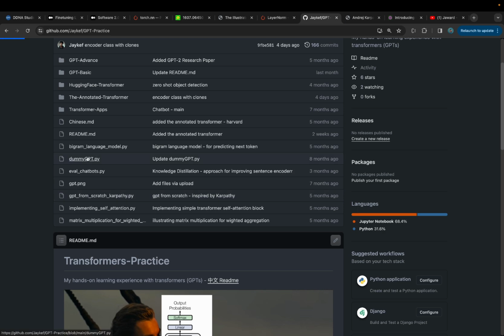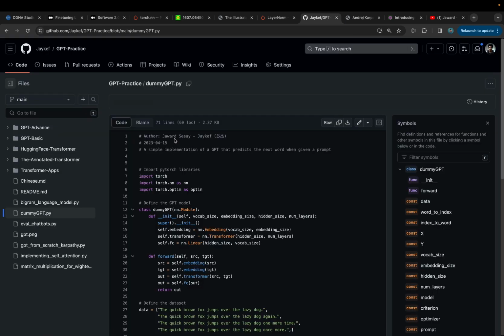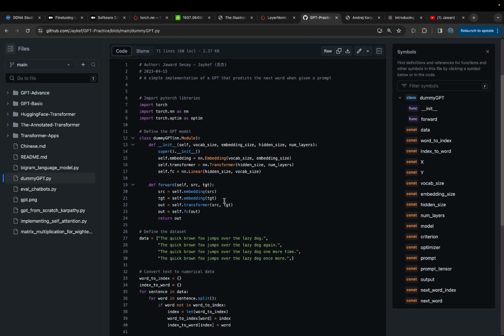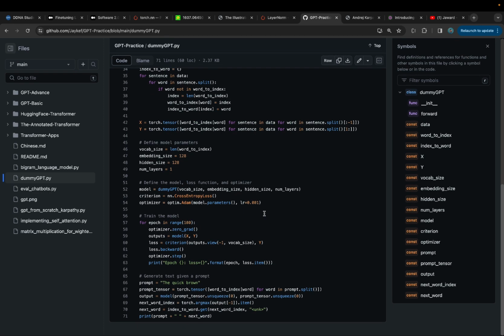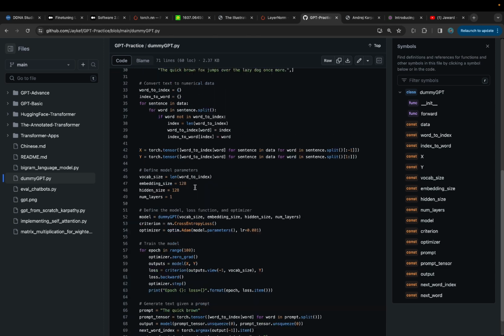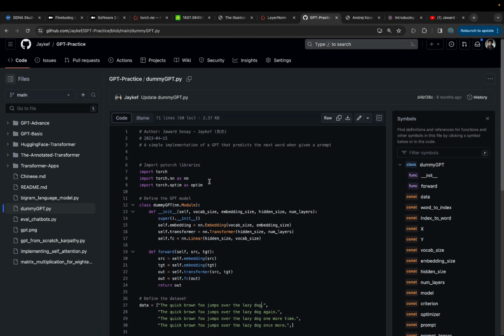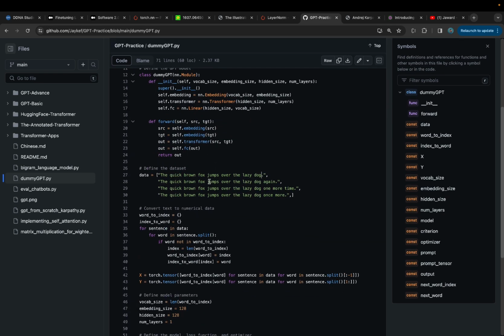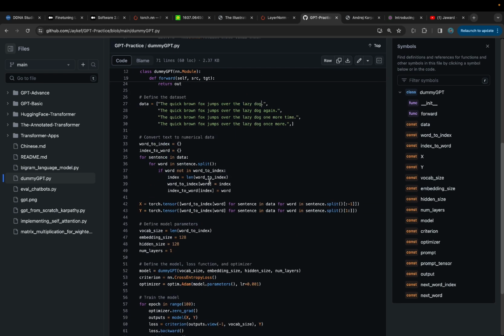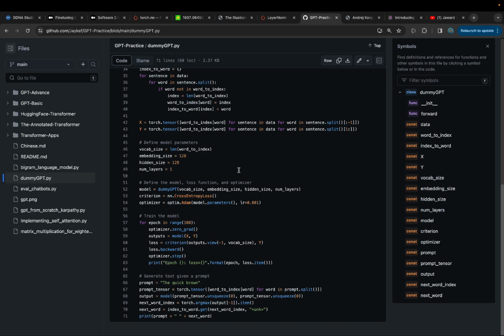There is a dummy GPT that I implemented there, and it just mimics, as you can see here, it just tries to predict the next token. For example, this is our data set, and we're trying to predict what comes after this word, let's say dog, and so on. It's not that complex, it's a bit simple, so you can start from there as well, but it has all the basic ingredients of what the transformer has.